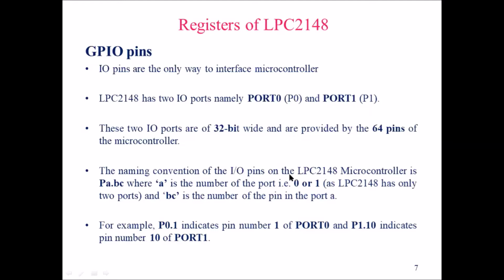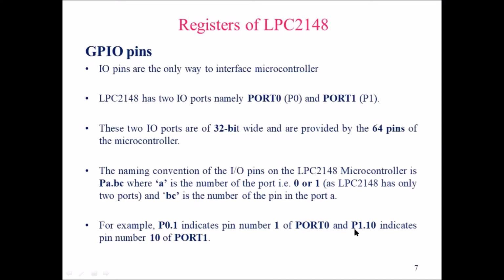For example, take P0.1. P stands for port, the next 0 stands for the port number, so we are making use of port 0, and 1 is the pin number, which indicates pin number 1 of port 0.